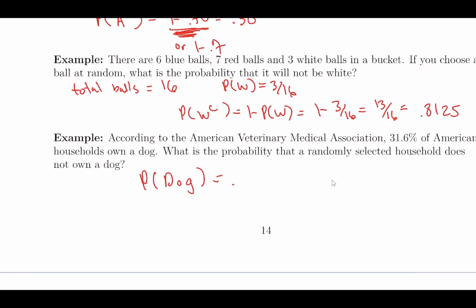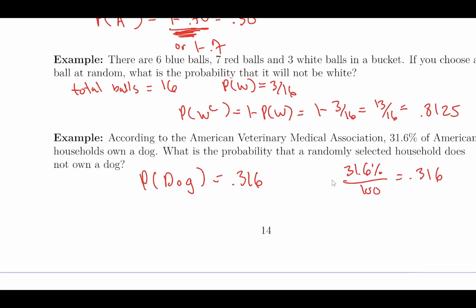Cool, thank you. 0.316. And remember, if you are having trouble converting a percentage into a decimal, all you have to do is divide the percent by 100, and it'll give you 0.316.